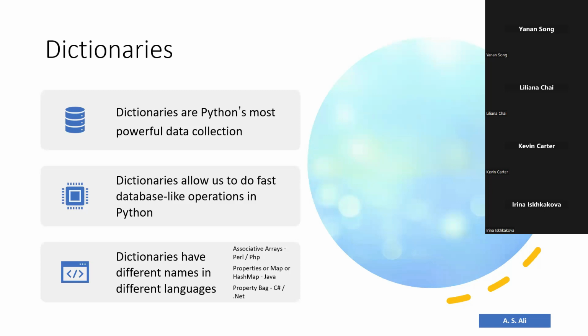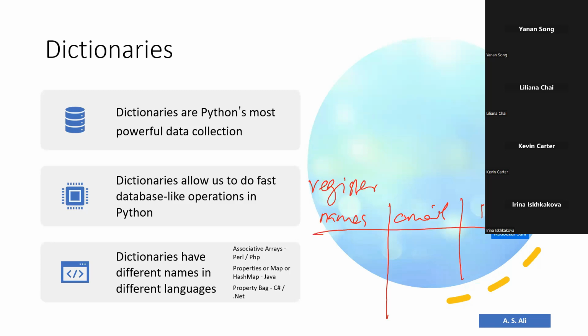For example, if in your class you have a database that holds the names of students with their email, their student ID, something like this, and you can have so many, student 1, 2, and so on.